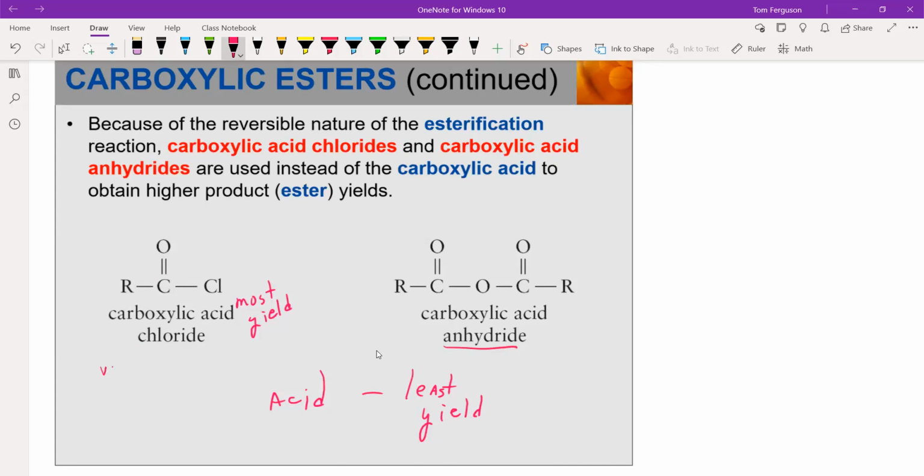This is very unstable, so its shelf life is very short. Most of the time, people don't use the acid chlorides to make esters. This is stable shelf life wise, but it gives the least yield. Hence, they usually use the anhydride, and that's what we're going to use when we make our aspirin. We're going to be using the anhydride.